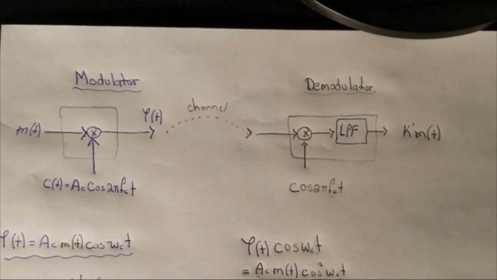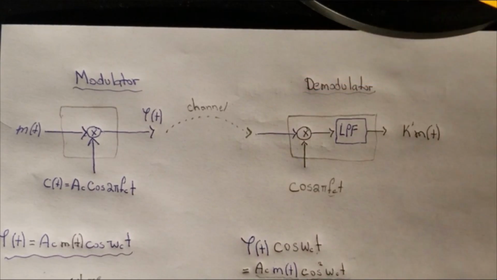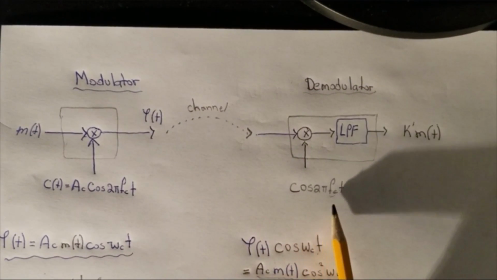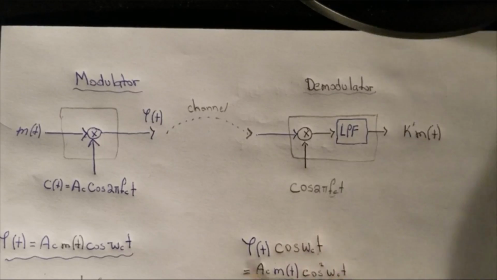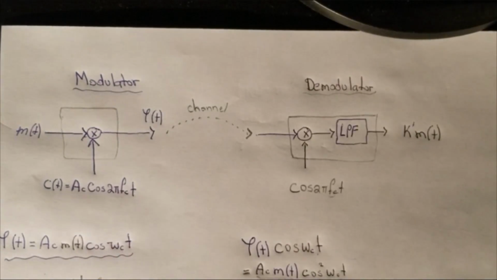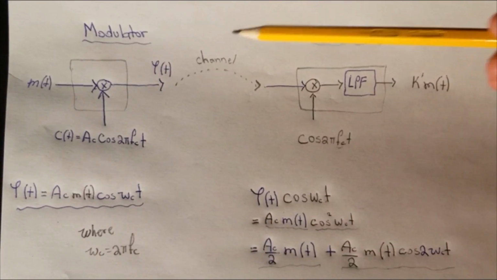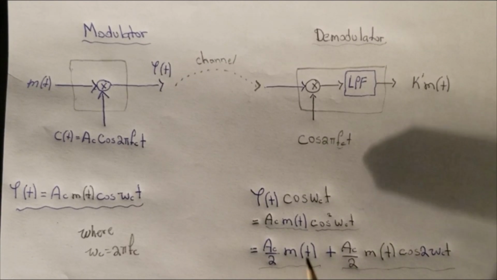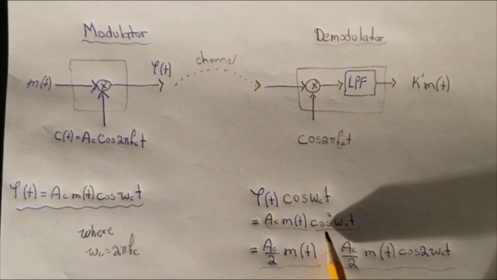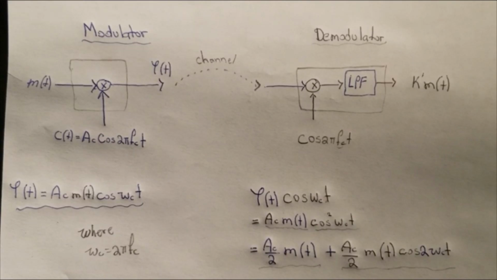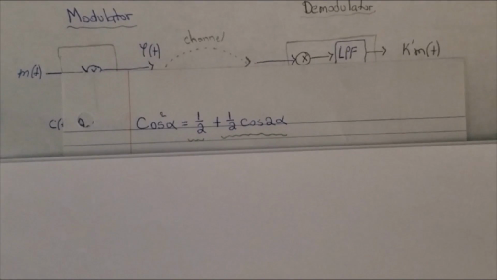As can be seen here, the modulated signal is multiplied by another oscillator operating at the same frequency as the carrier frequency. When you multiply the modulated signal with another cosine, you're left with this term, where you have cosine squared. This is a trig identity for cosine squared.